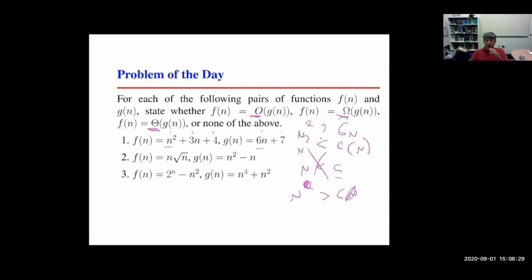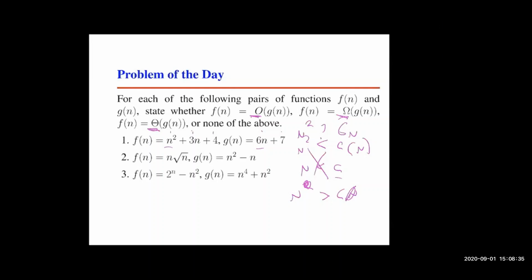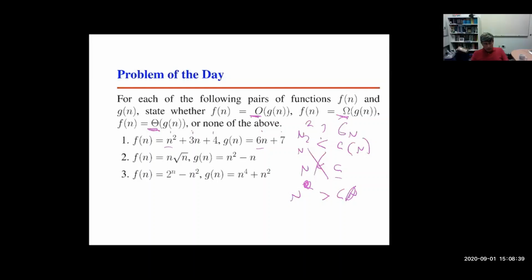For all n beyond n naught, this is going to hold. So this is an argument that the omega relationship holds. The big O does not hold. Theta requires both of them to hold. This, I argue, is an omega relation.